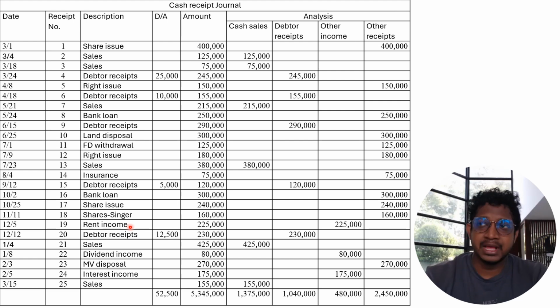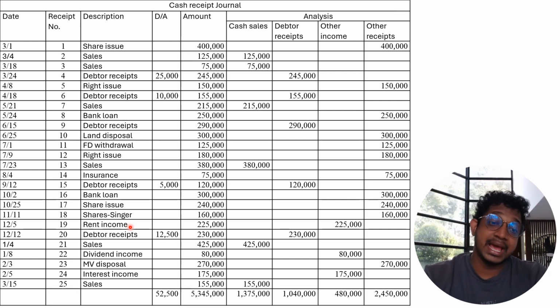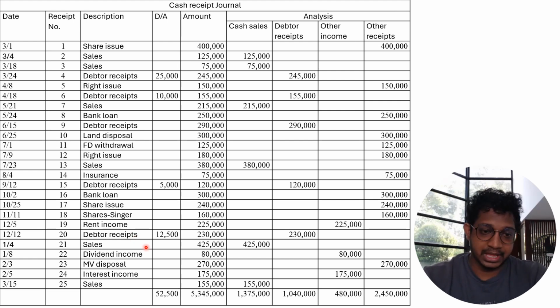Here, it means you sold those invested shares in the share market or released those shares, so it's a cash inflow in investing activities. And the incomes you generate from your investing activities also come under investing activities: rent income, dividend income, and interest income. And motor vehicle disposal is investing. So that's it for the cash receipt journal.